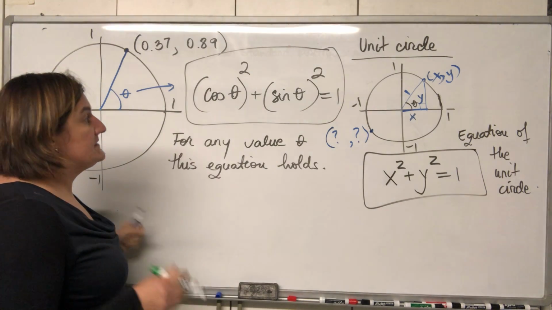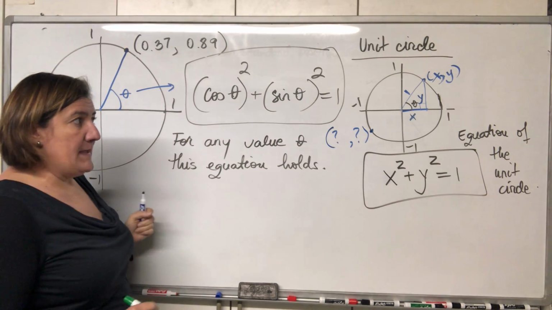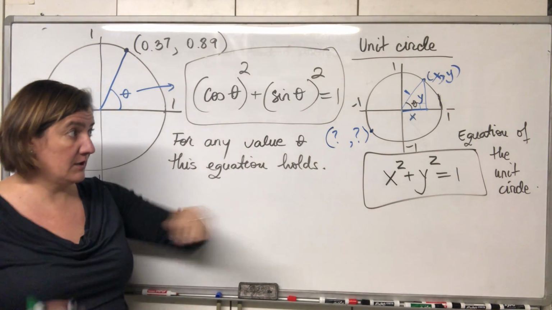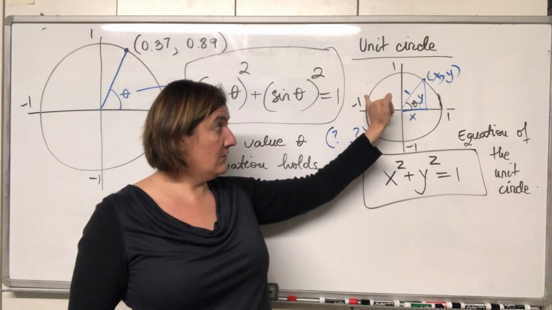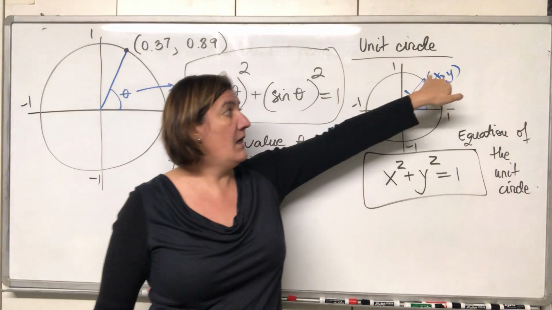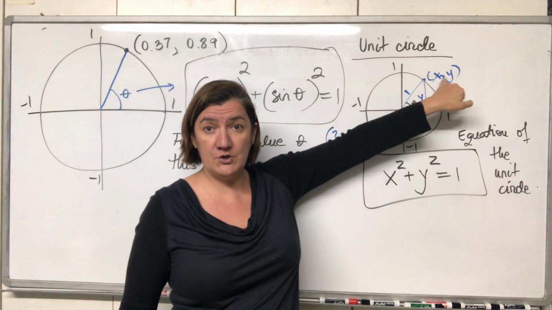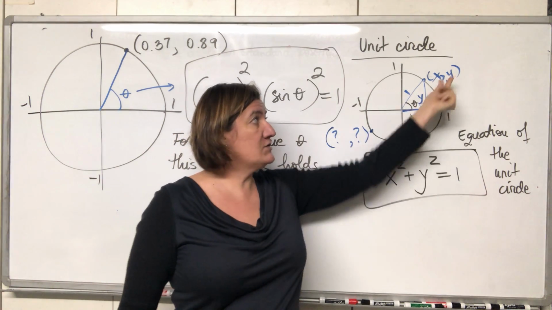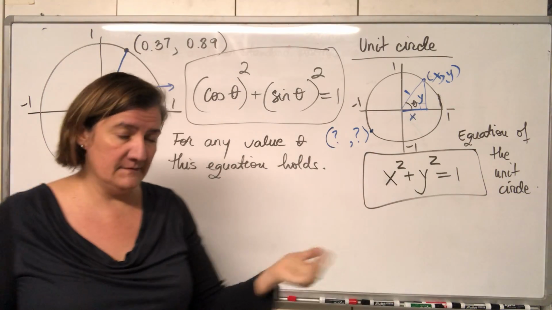Okay, so we're going to write this a little bit better, just more mainstream. So who are you squaring? Are you squaring the angle, or are you squaring the values? You are squaring the values of them, the x and the y. Those are the values of these numbers, right?